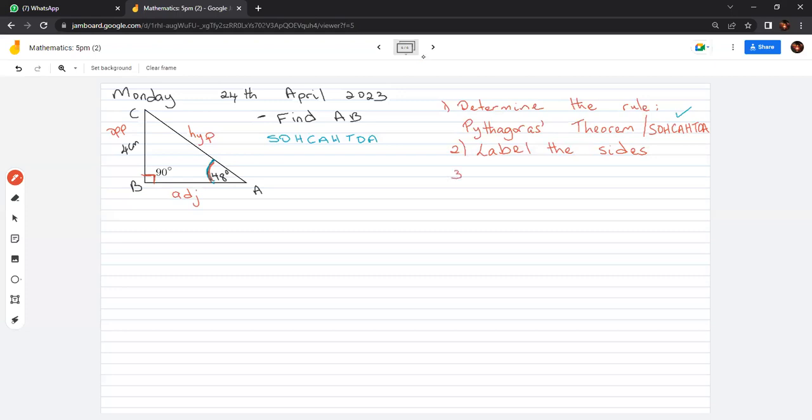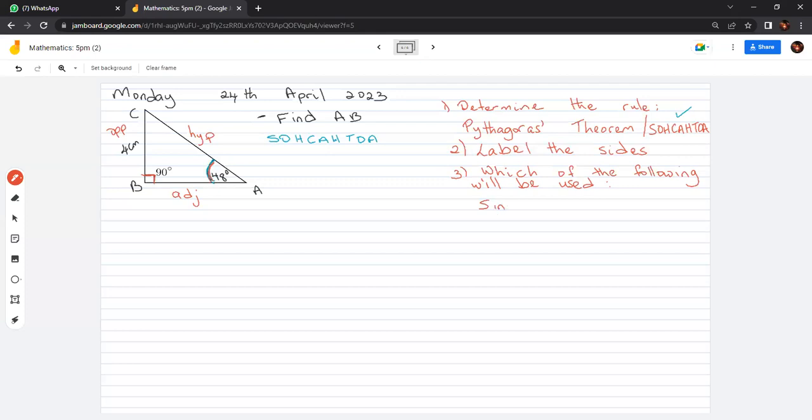Now, after you've labeled your sides, you want to see which ratio you're going to use. Which of the following will be used? Is it sine?